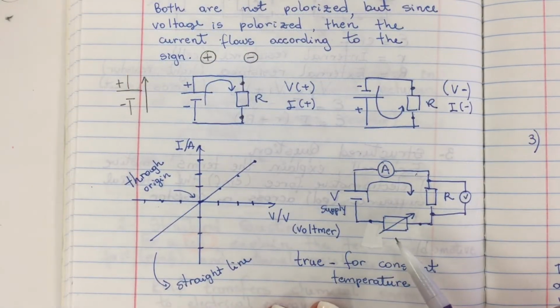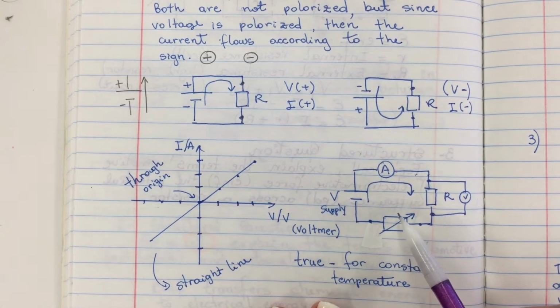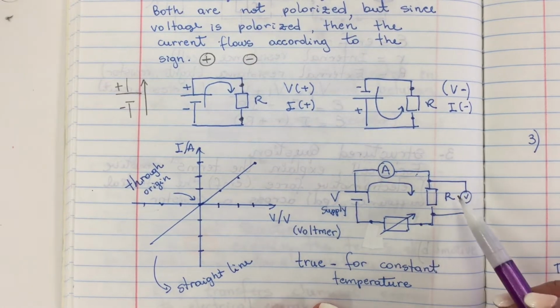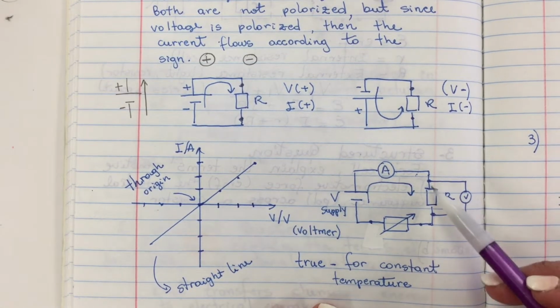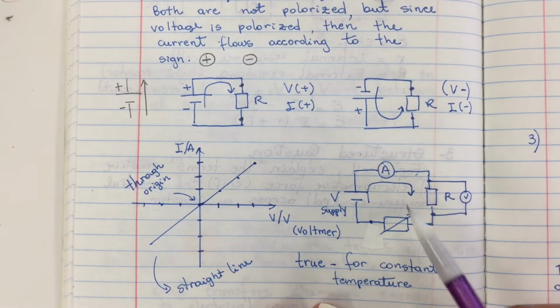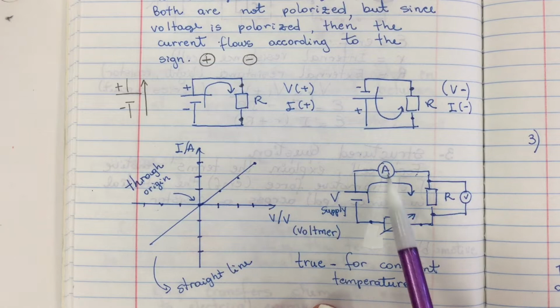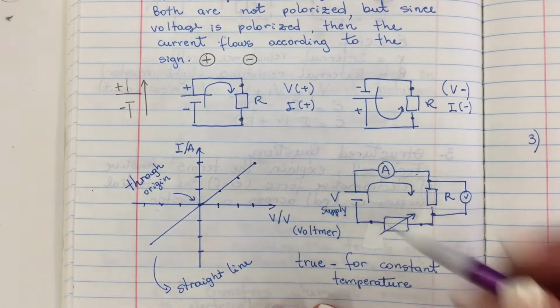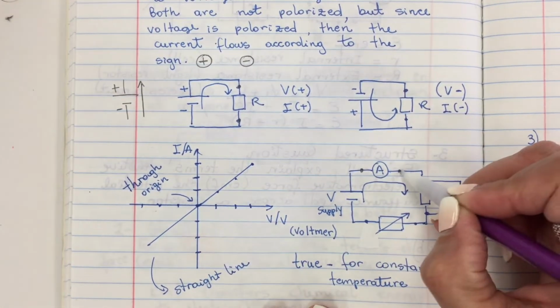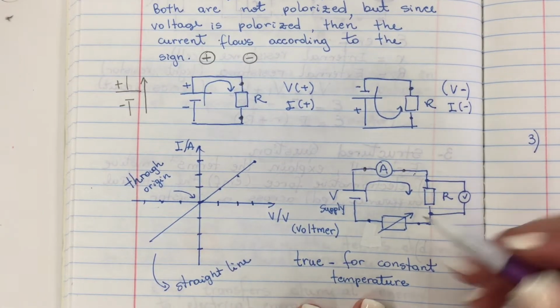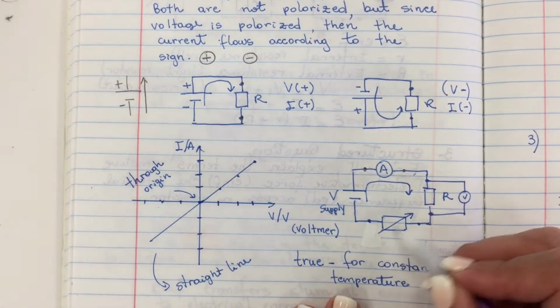If you are asked to design a simple circuit that you can read current and voltage across a resistor, this is a good example for you. So here is the voltage supply, the ammeter connected in series to read the current. This is the resistor, and here is a variable resistor.